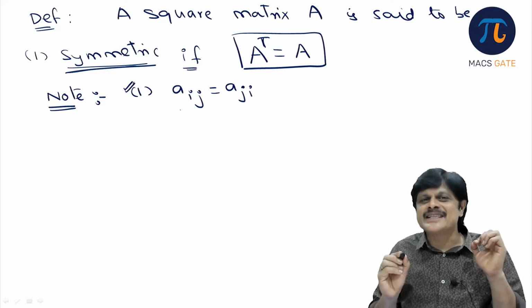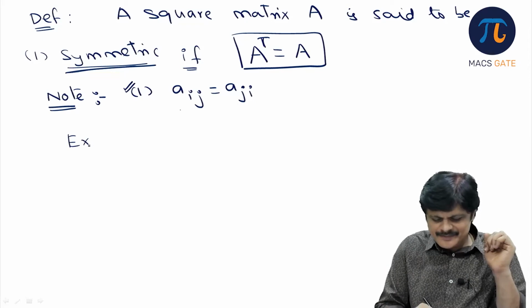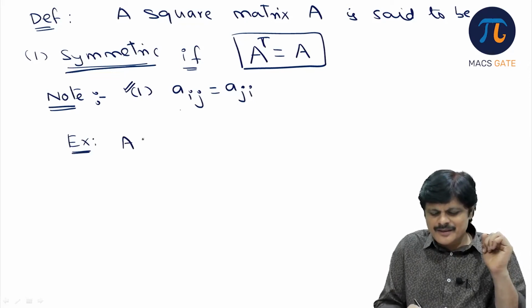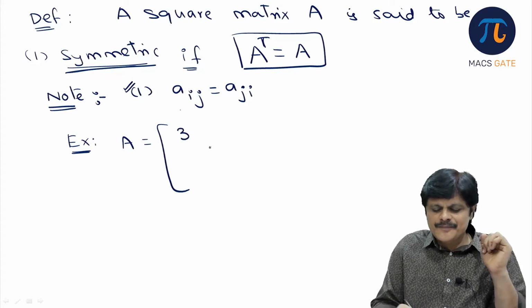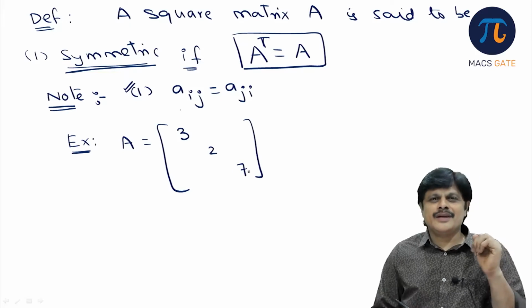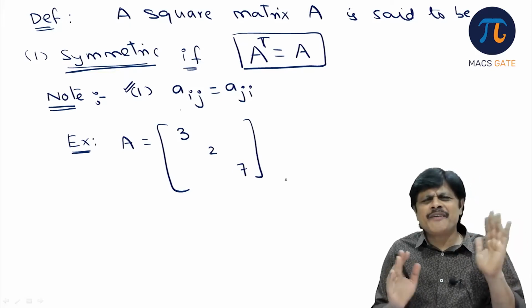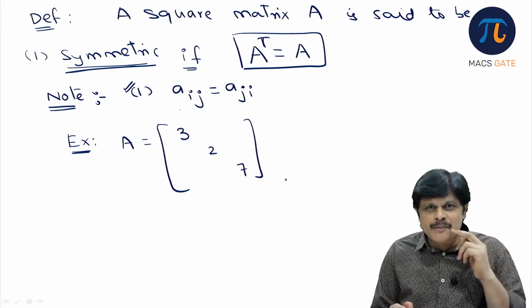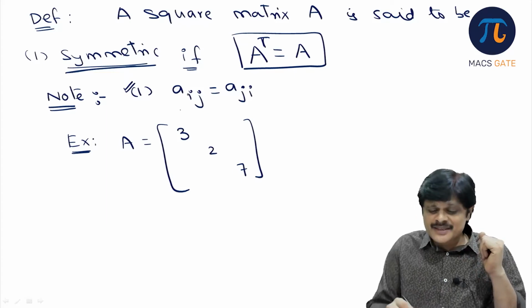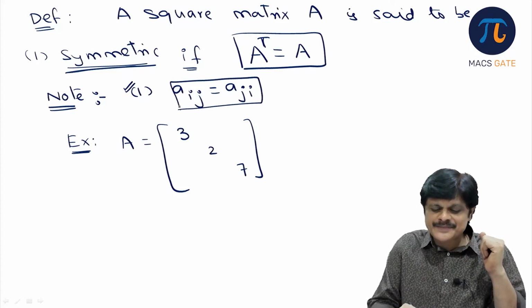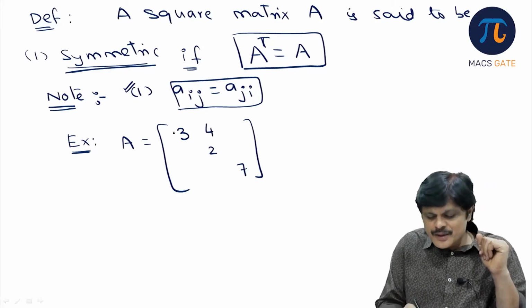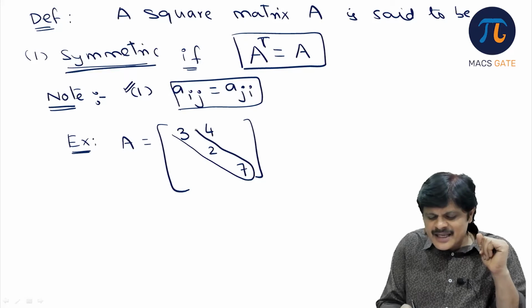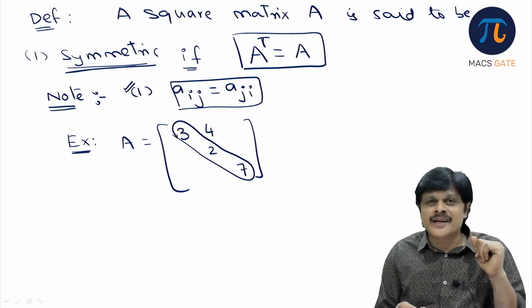Let us see the example. See, this is main diagonal. You can have any elements in main diagonal. But what about the off diagonal elements? This condition you verify. This condition will be satisfied. Suppose if you are having 4 here, you just imagine the main diagonal as the mirror.